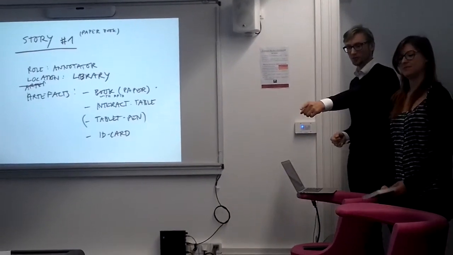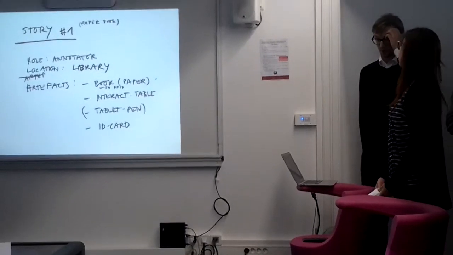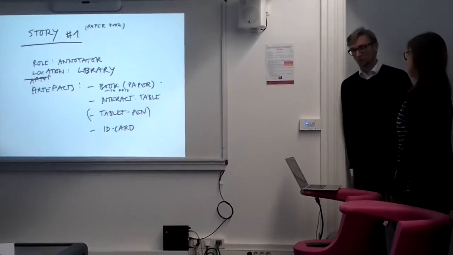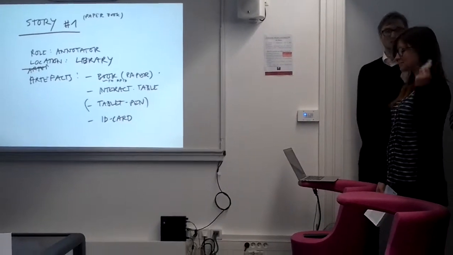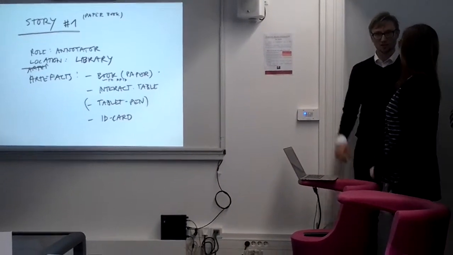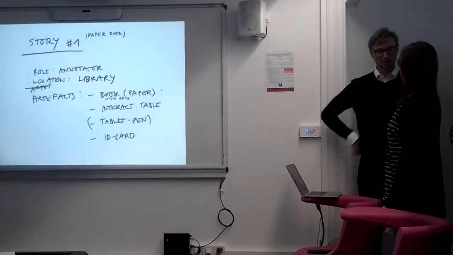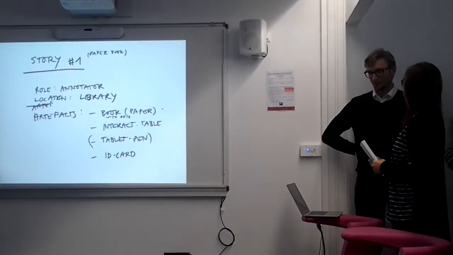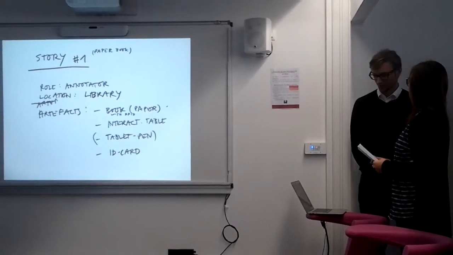So for now we use just this table and the sketch. And we also need an ID card. This scenario is for this library, and the book is RFID tagged, and the card is RFID tagged, and the table can read this.